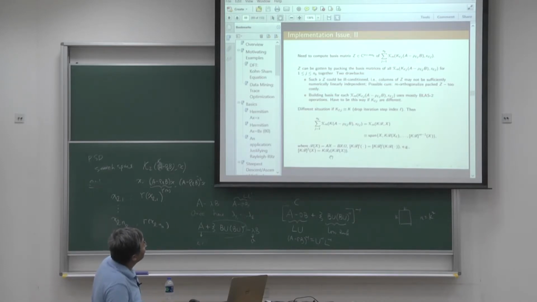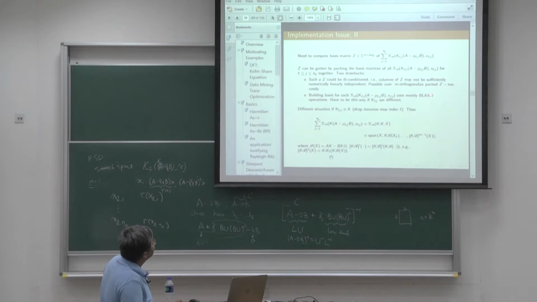So you can, for example, compute a basis for each Krylov subspace and put them together. You can do that, but that has a problem. The different Krylov subspaces might be close in a certain way. So if you compute each individual Krylov subspace and put the bases together, that final Z could be ill-conditioned.